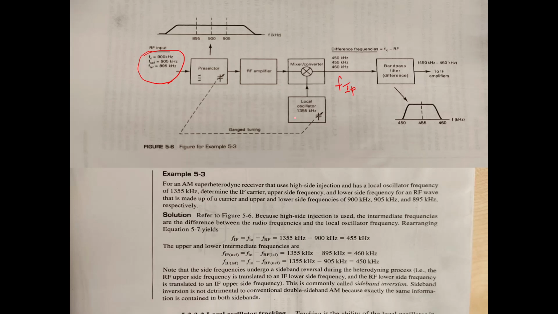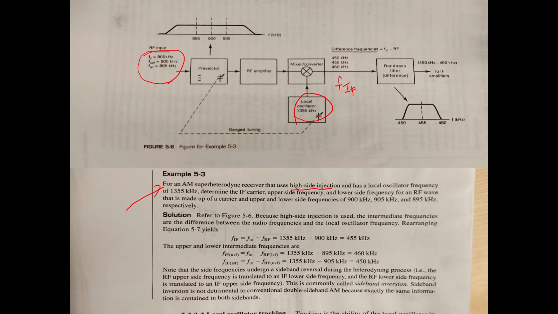The local oscillator frequency is 1355 kilohertz. According to this example, for an AM super heterodyne receiver that uses high side injection, that means local oscillator frequency larger than the RF frequencies, it has a local oscillator frequency of 1355 kilohertz.